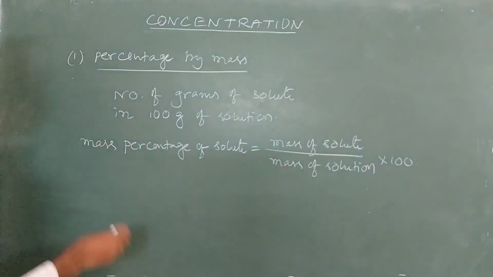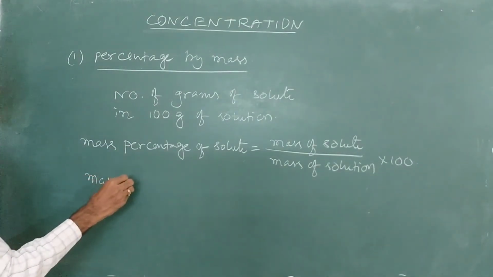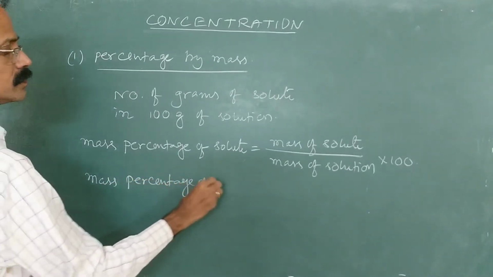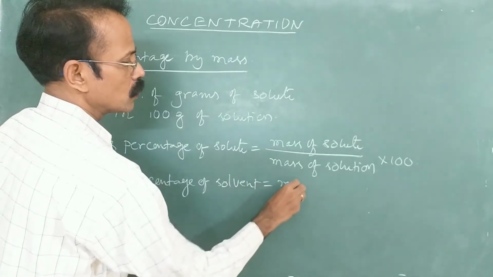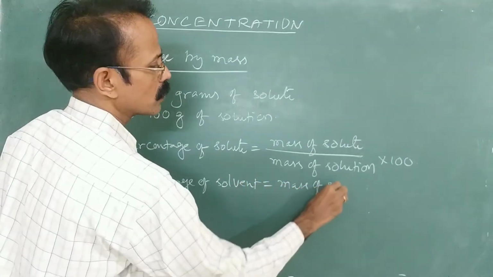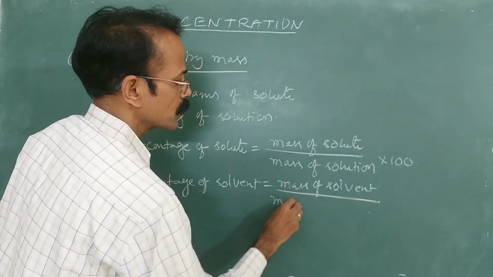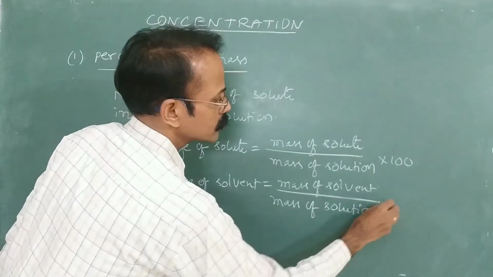Similarly, mass percentage of solvent is equal to mass of solvent divided by mass of solution into 100.